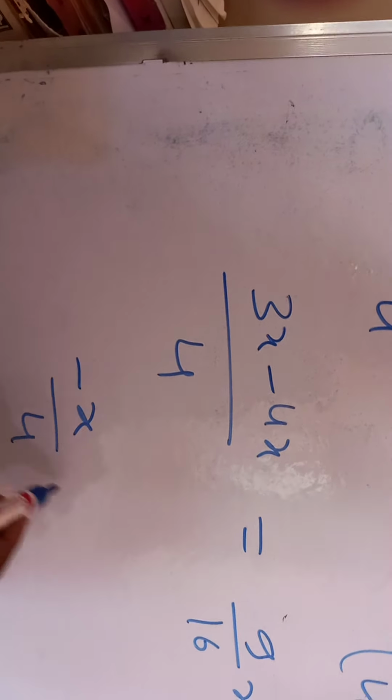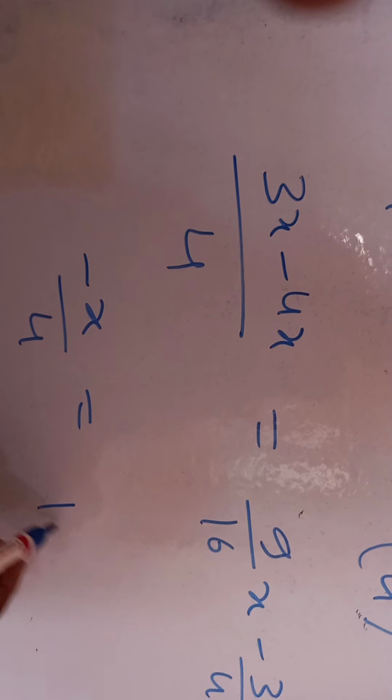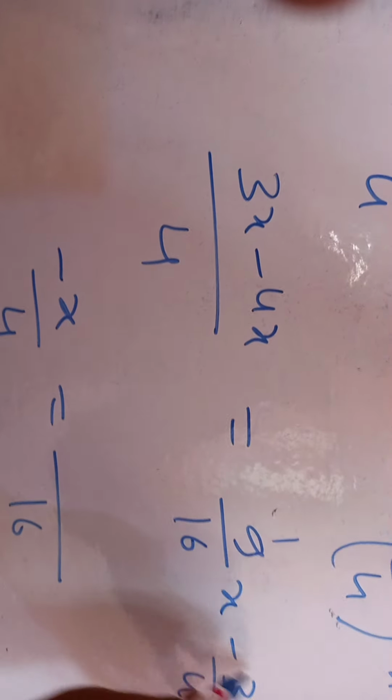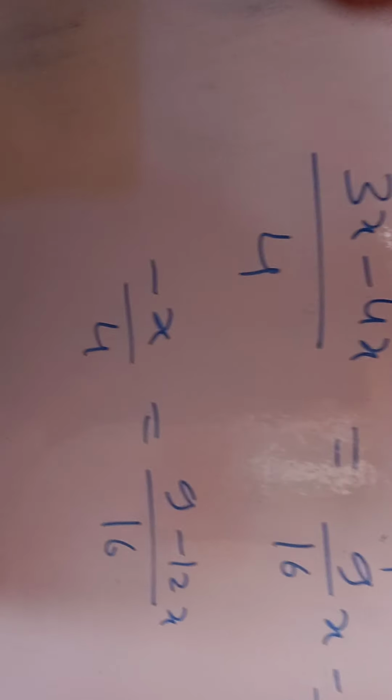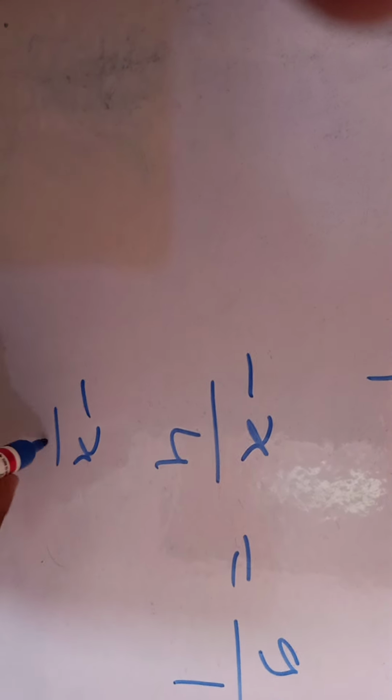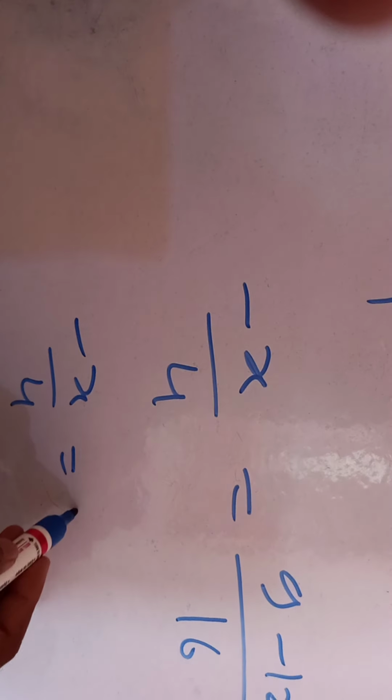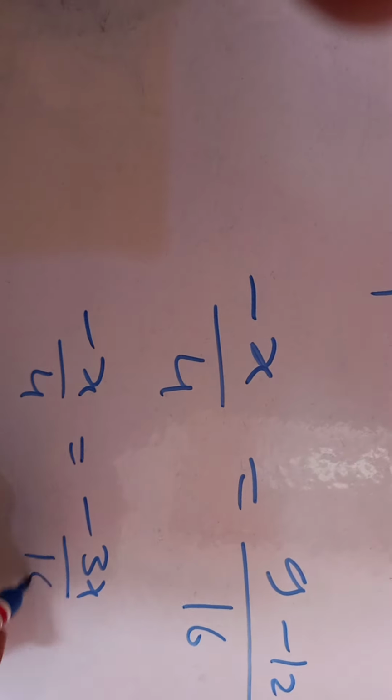Minus x by 4 and minus 3x by 16 mean they are unequal.